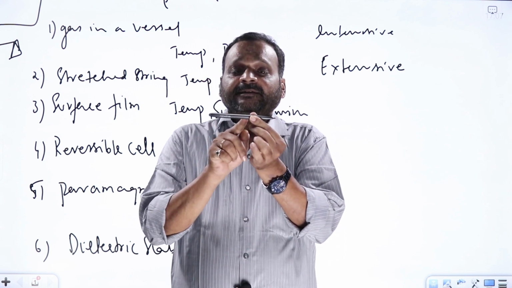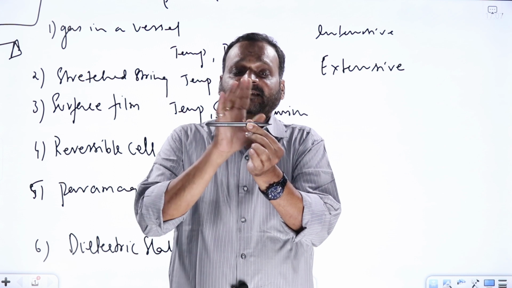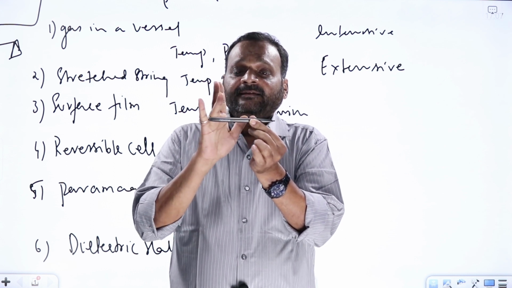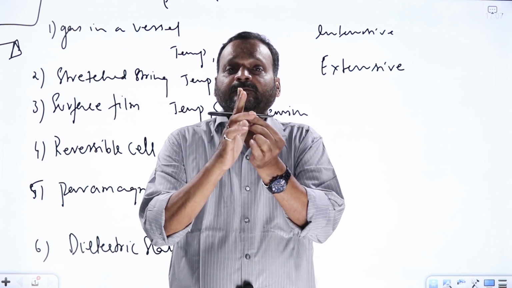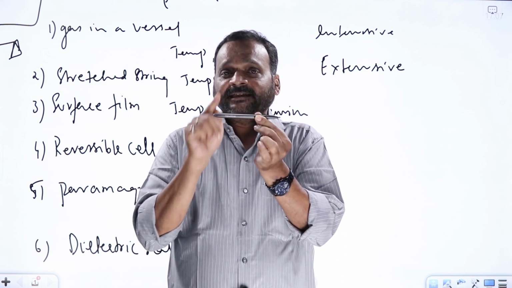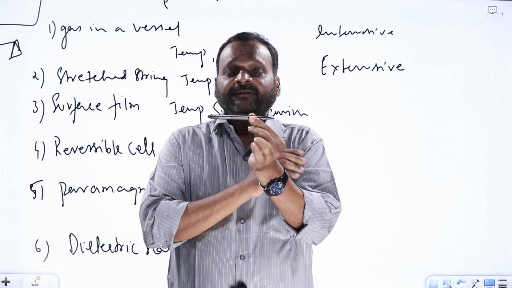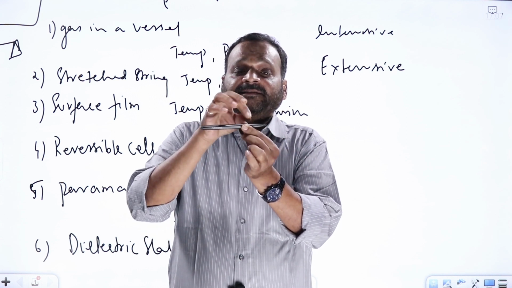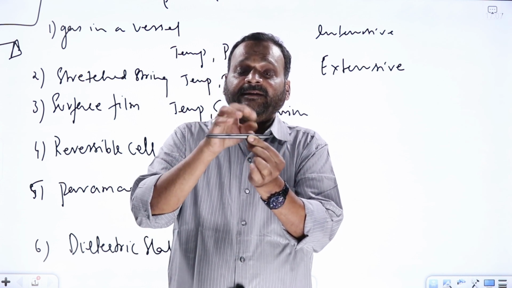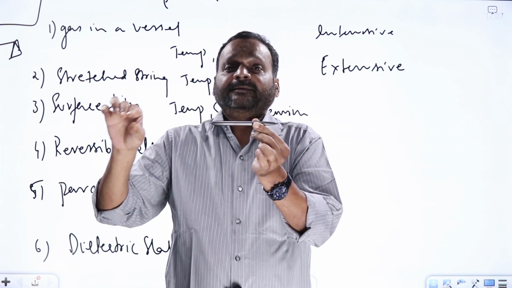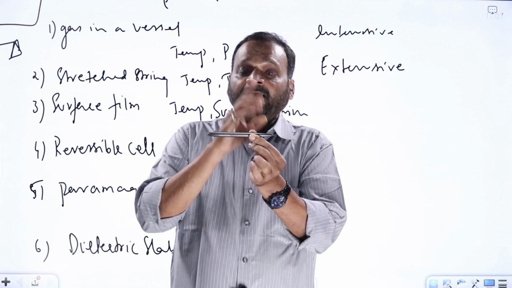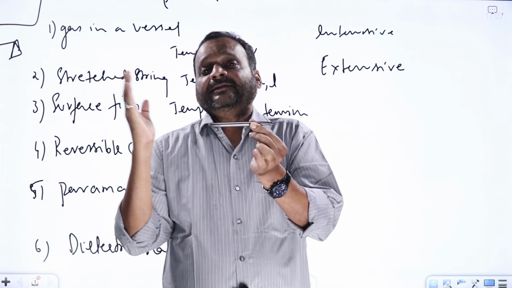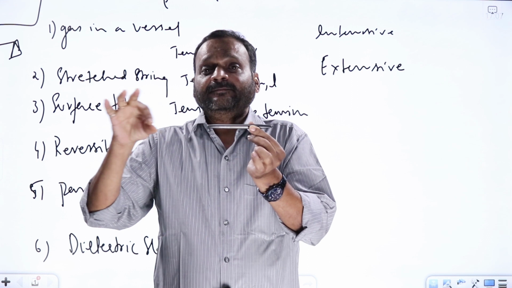Suppose I take the important parameters of this pen as temperature, length, and some tension. When I cut this pen into two parts, only length changes, length becomes half, but the temperature of the pen will not change. Temperature does not depend on the quantity of matter present in the sample. So temperature becomes an intensive variable, length becomes an extensive variable. Length depends on the quantity of matter present.